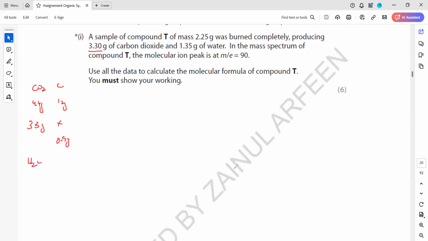Then to work out the mass of hydrogen, the ratio is 18 grams of water will give 2 grams of hydrogen. So if we have 1.35 grams of water, this will be X. Cross multiply, and this will give us the mass of hydrogen, which is 0.15.